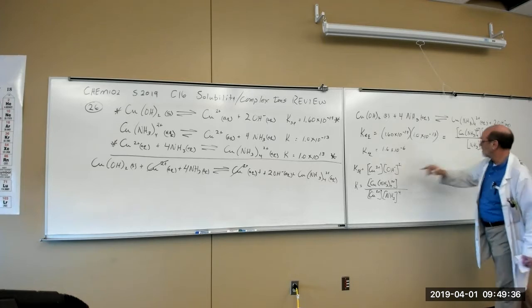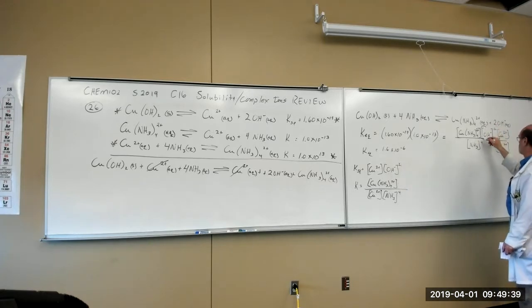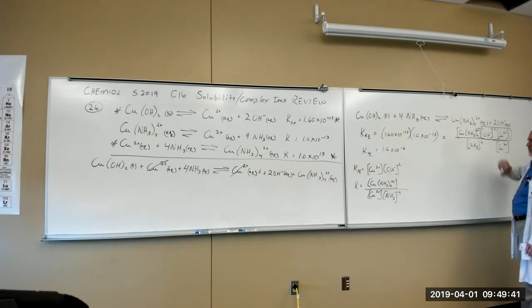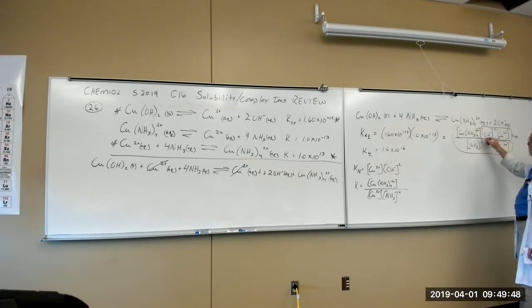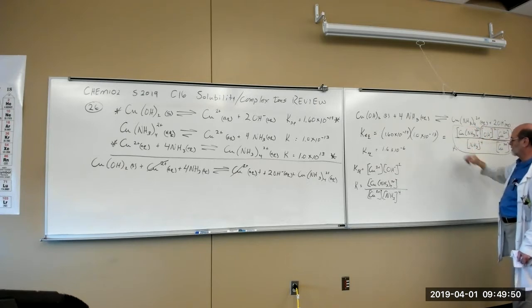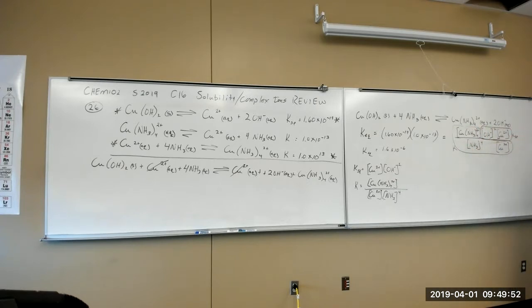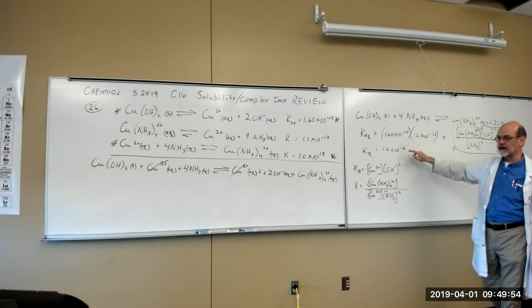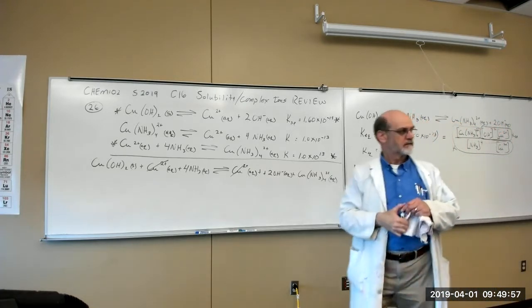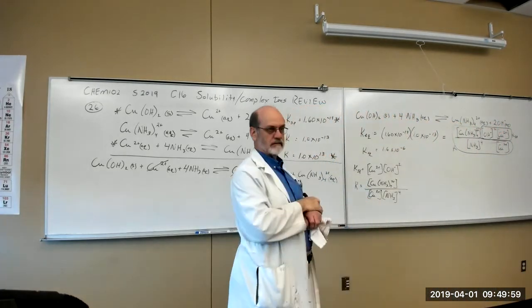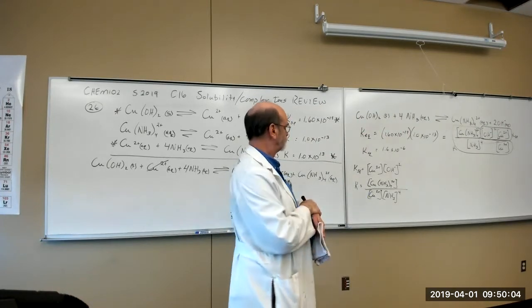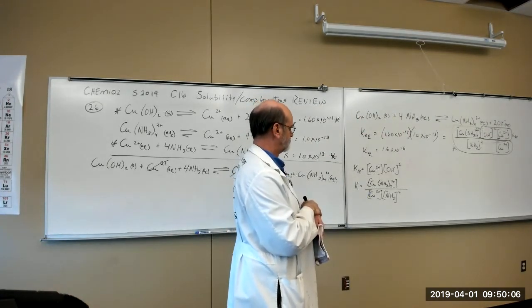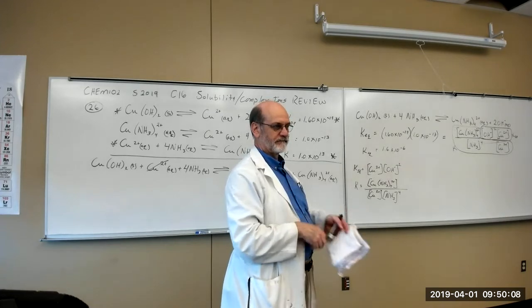So this part that's KSP, and this part is our K. Multiply them together, you get that value. Okay. Glad somebody else went through all those steps.